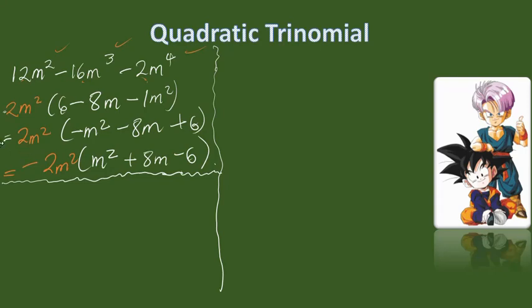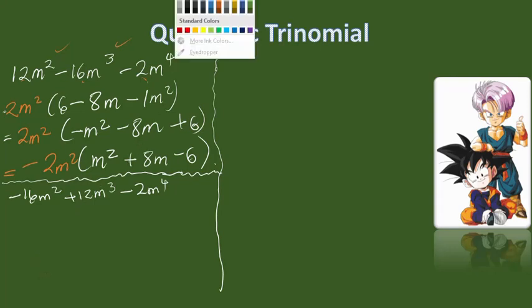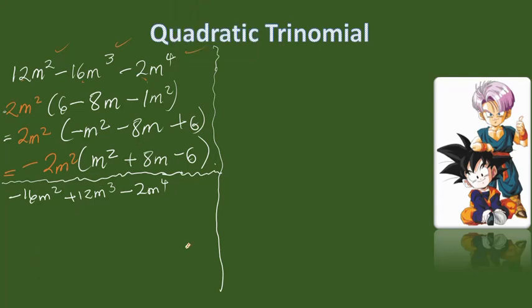This thing was supposed to be negative 16m squared plus 12m raised to 3 minus 2m raised to 4. I just checked the exercise, and it was supposed to be like this.